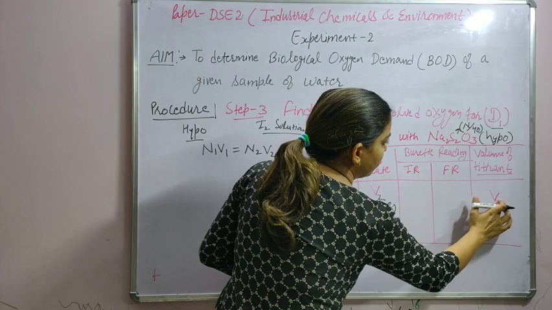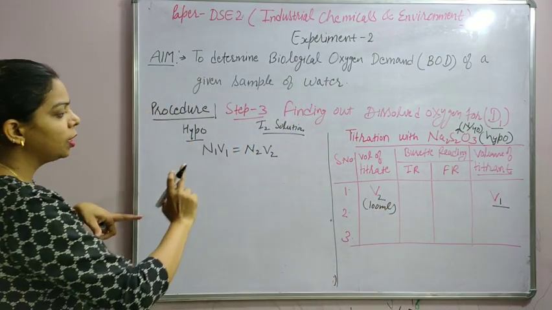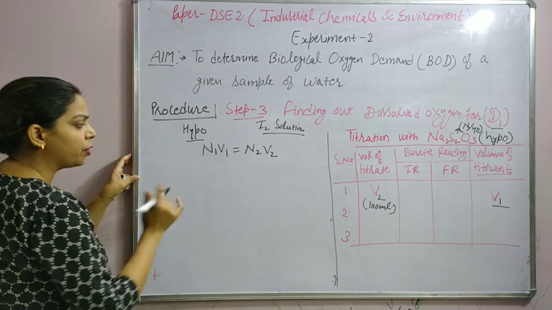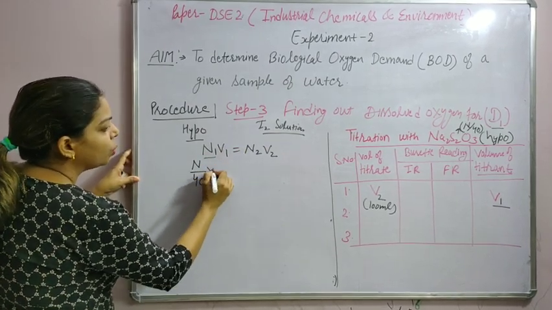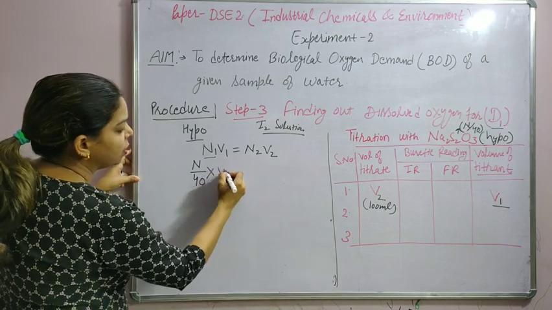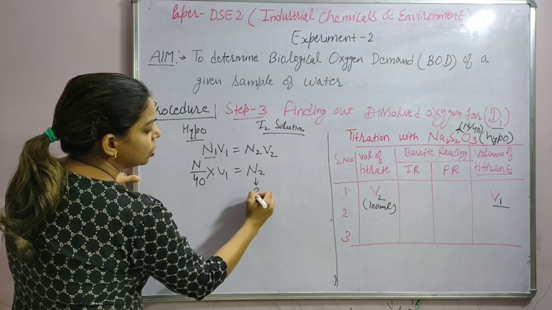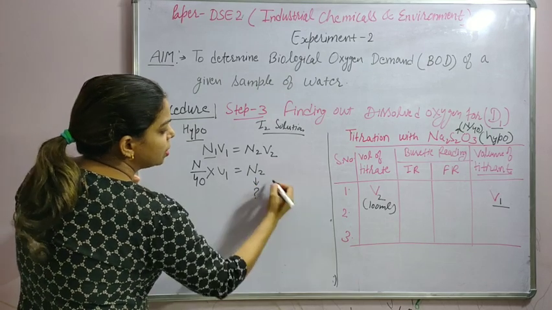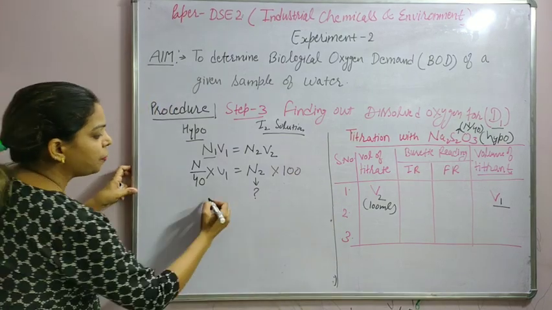So V1 is for hypo and V2 is for iodine solution. The normality of hypo is already given, N by 40. Volume V1 you will get from this equation. N2 we have to find out, and V2 is the volume you have taken in your conical flask.